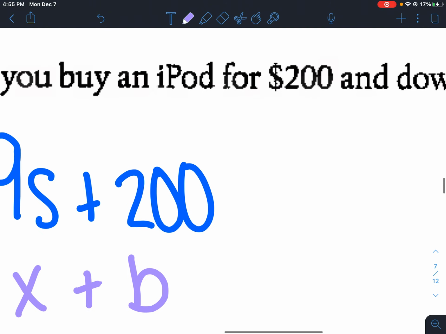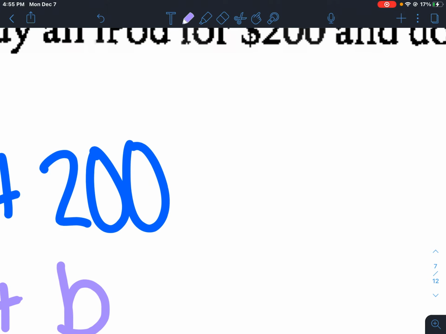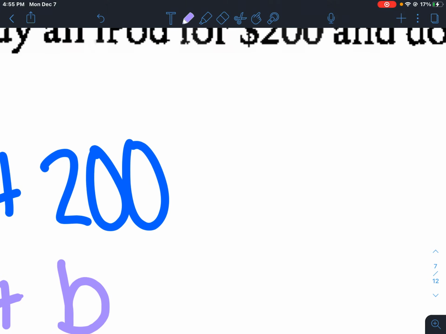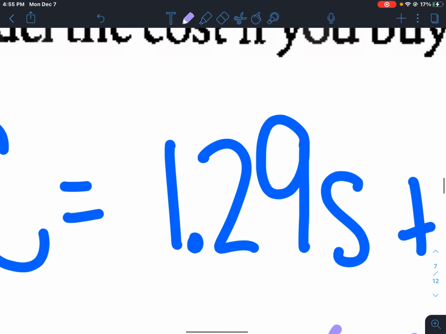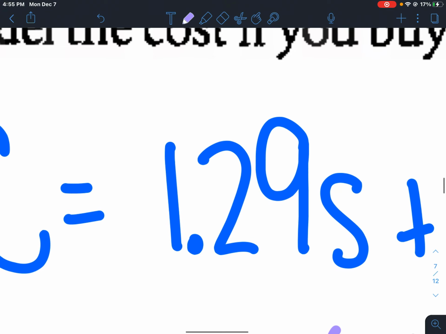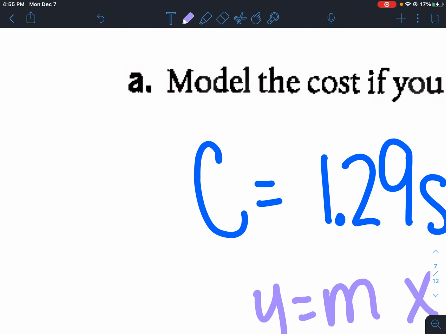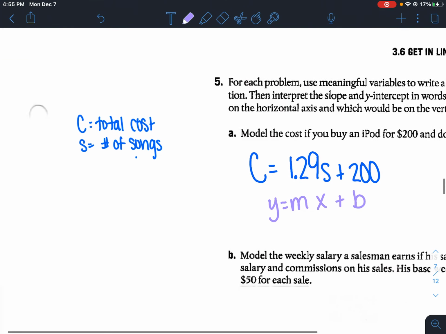The reason I wrote it like this is because I'm only buying one iPod, so I'm only paying the $200 one time. I don't know how many songs I'm going to download, so S represents some number of songs, and then C will be the total cost, and that depends on how many songs I download.